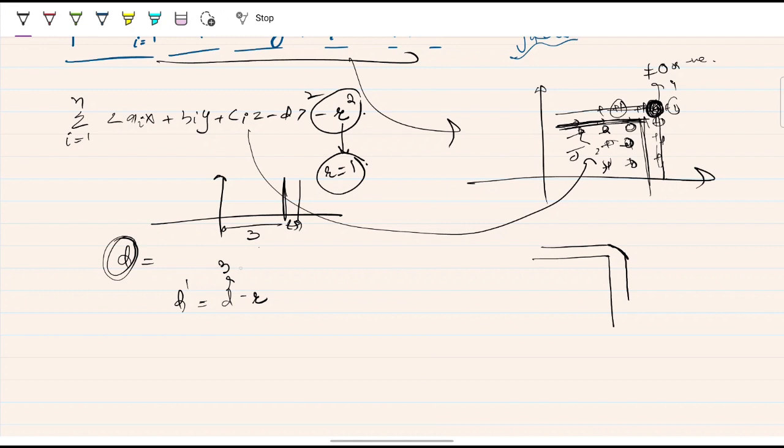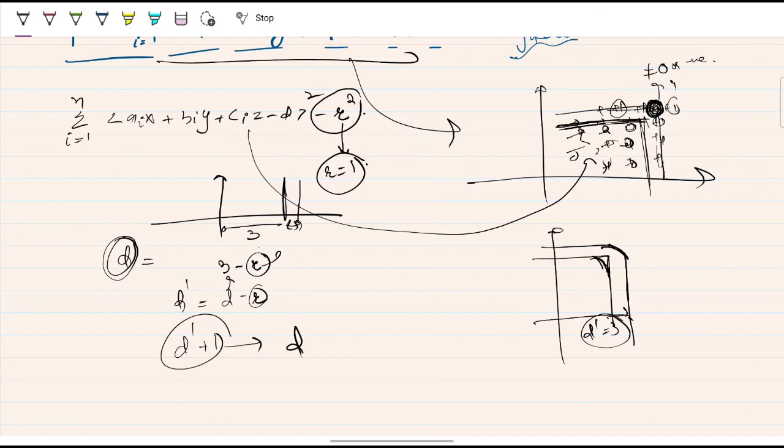So if it was 3, you subtract whatever r is given, whatever radius of corners you want to give. Then your new d dash would be equivalent to 3 after expanding, because you go d dash and it will be expanding by 1, giving 3 plus 1.